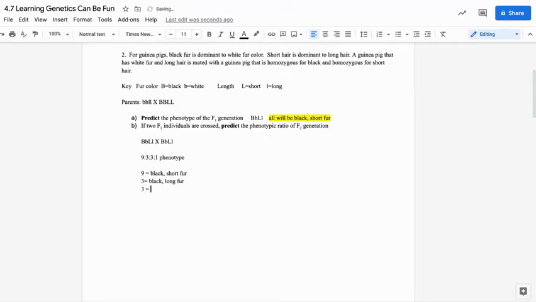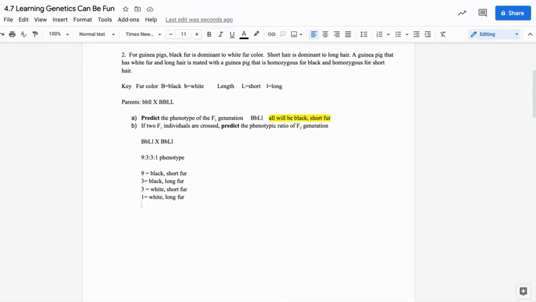The other dominant recessive combination would actually be the recessive dominant. So we would have white, so that's a recessive, and the dominant short fur. And last but not least, white would be the two recessives, so white and long fur. Okay, so that is what you could expect.